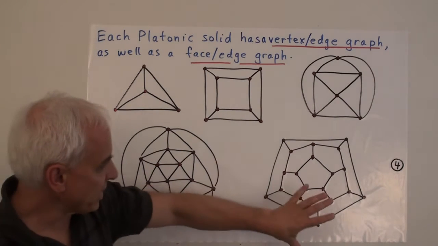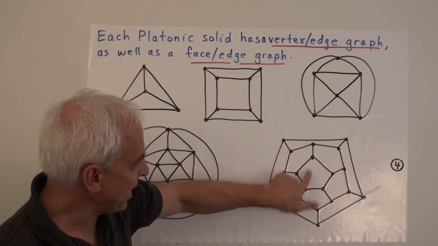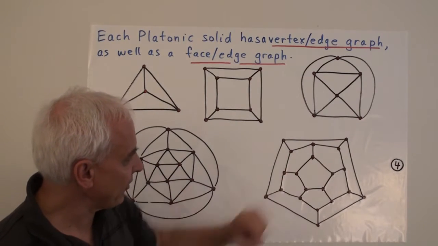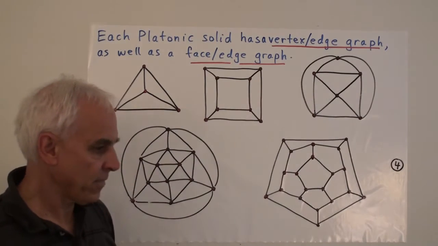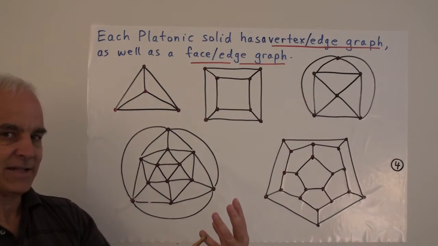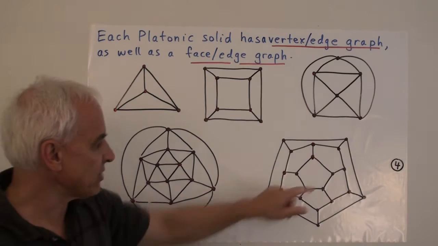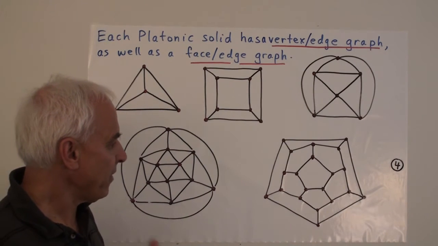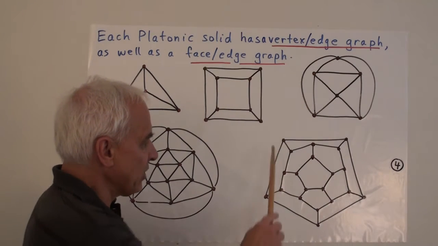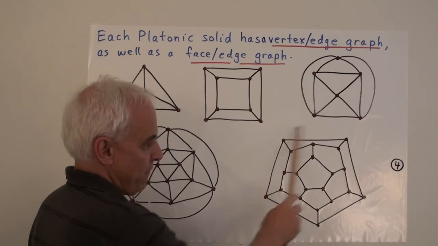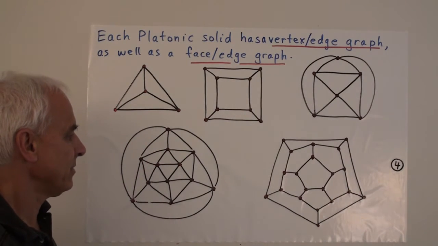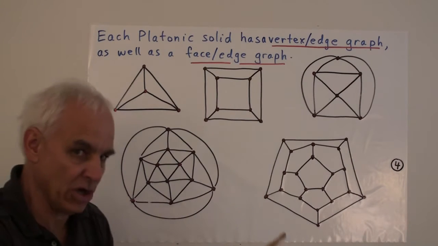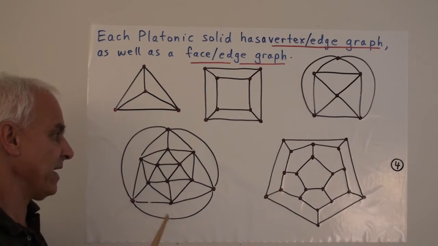So for example, for the dodecahedron, we can see a face there, and around it there's 5 pentagonal faces, and around those there's sort of another 5 pentagonal faces, and there's sort of one pentagonal face at the back, so it's opposite to this one. Well, in the picture that would be represented sort of by the outside of this diagram, if we wanted to actually assign a region to that face.